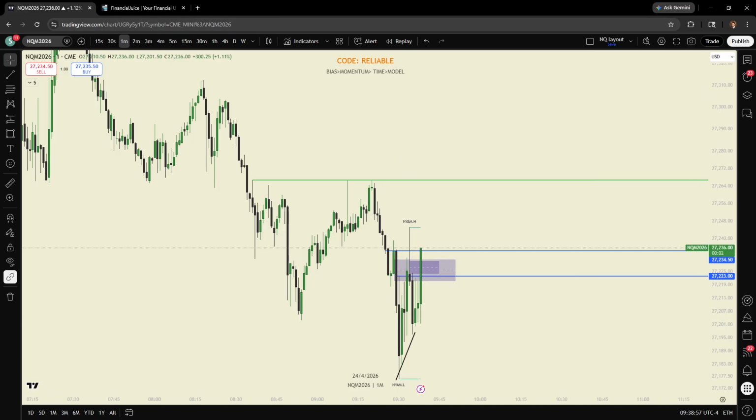All right, ready? It should rip here. Right here. We just closed above that 30-second BPR. All right, go break even here. It's got to blast through this, bro.